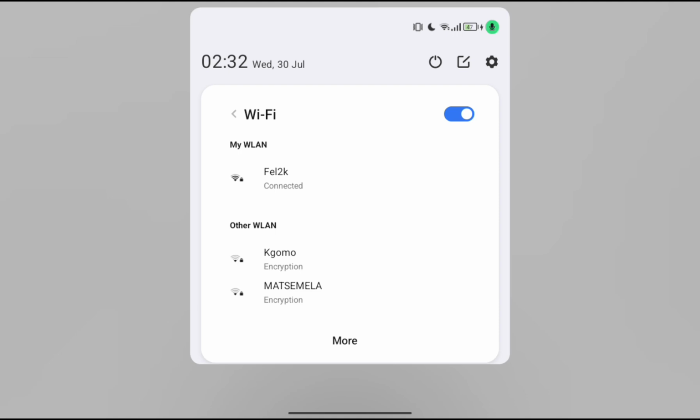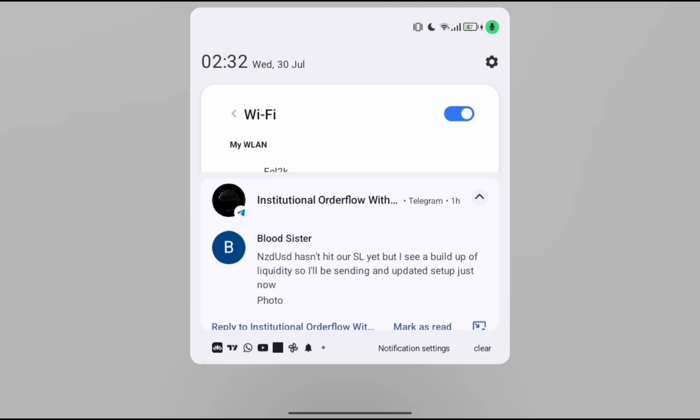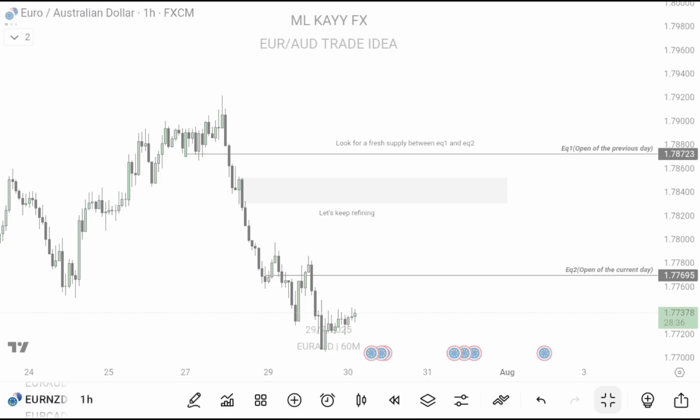Okay, here we have a bit of a problem. My Wi-Fi was acting up, so I had to switch to another Wi-Fi connection.